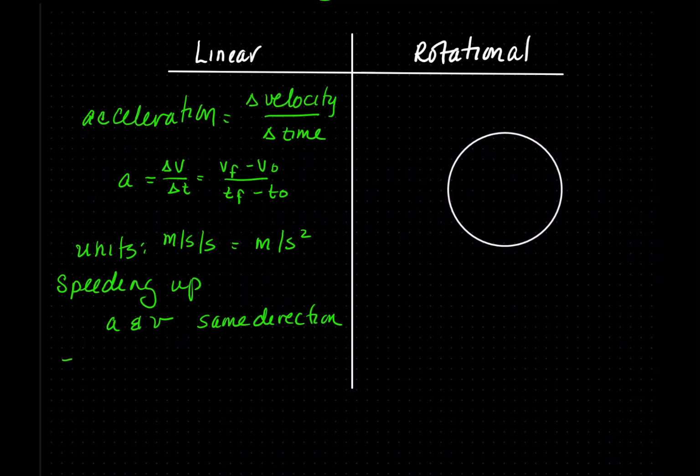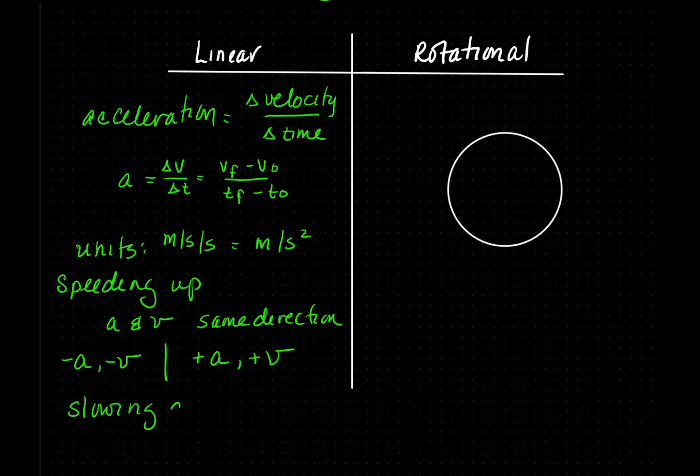So if the acceleration is in the negative direction, then the velocity must also be in the negative direction. If the acceleration is in the positive direction, then the velocity must be in the positive direction. Objects could also slow down.